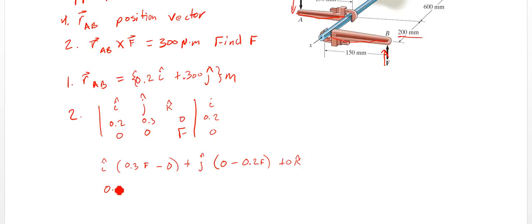So I'm going to have 0.3 F in the i direction minus 0.2 F in the j direction. And that's going to be my moment.